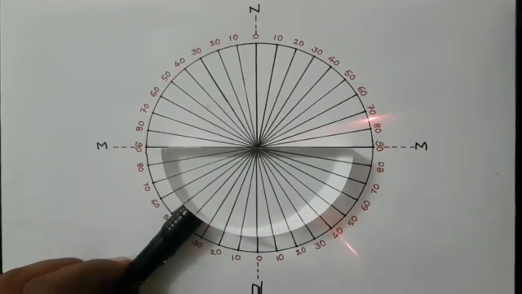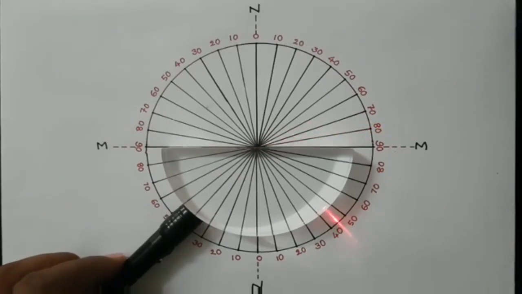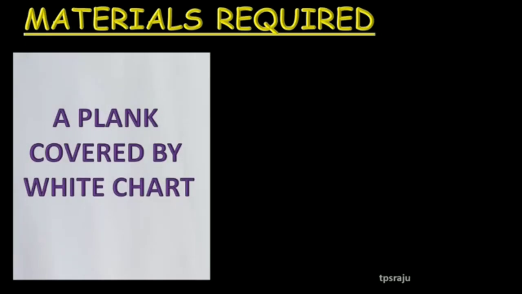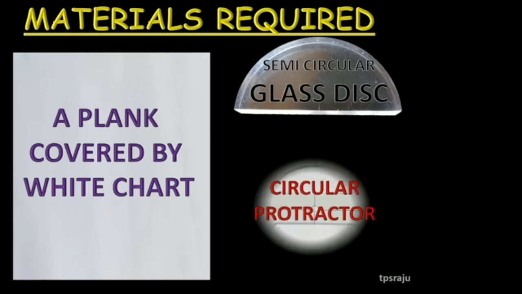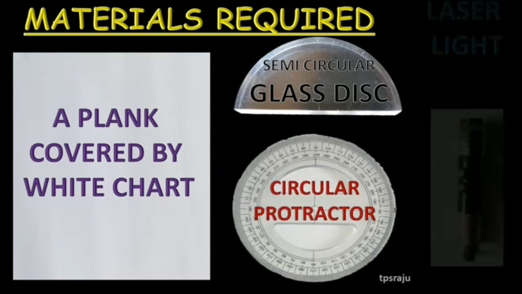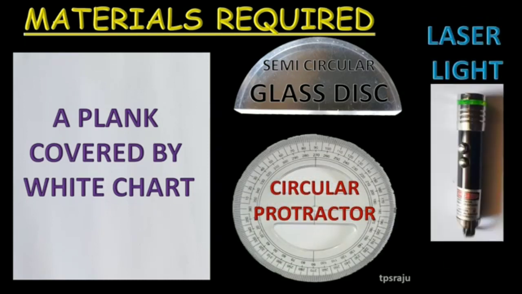By doing an activity, we are going to know about critical angle and total internal reflection. For this activity, we need a plank covered by white chart, semicircular glass disc, circular protractor, and laser light.